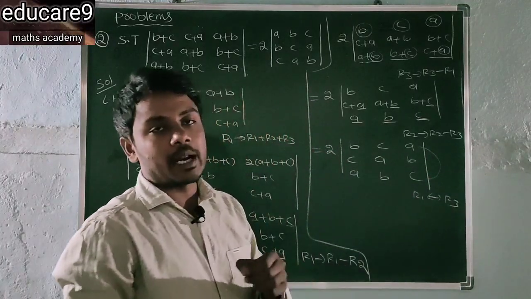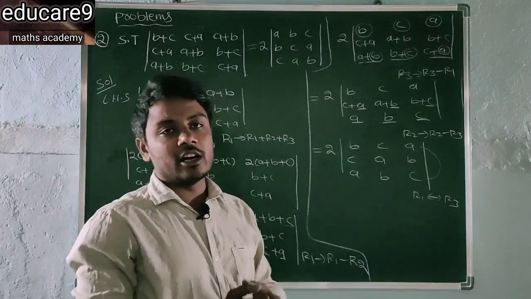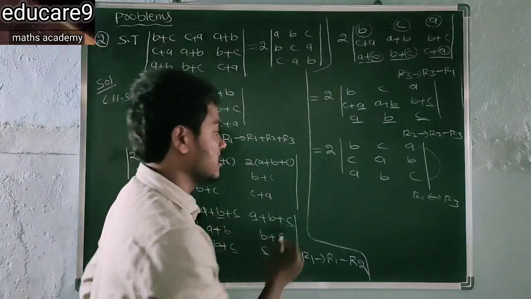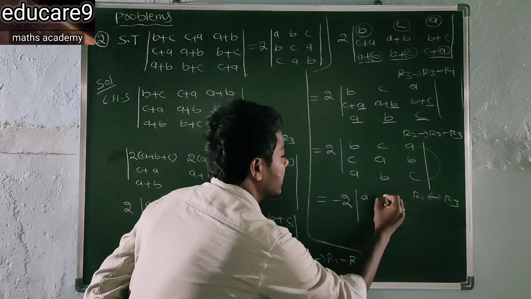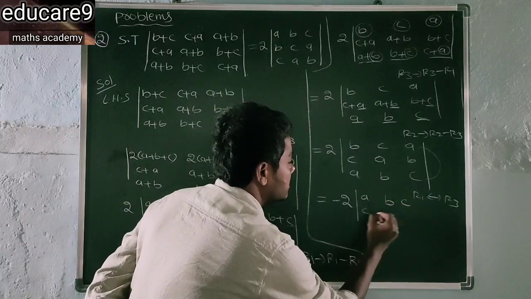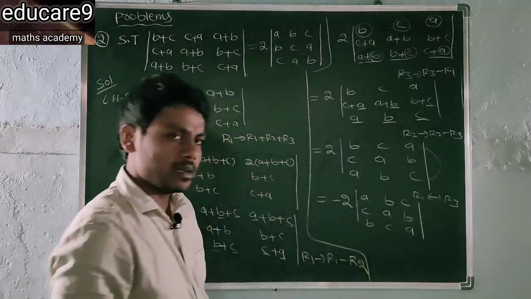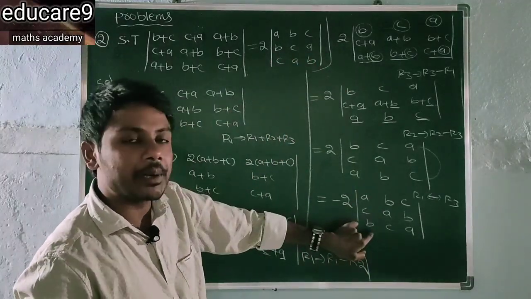So one property is there: if you interchange either rows or columns, then the sign of the determinant also changes. So that is minus 2 times of ABC, CAB, BCA. But here in the second row BCA is there, and here in the third row.